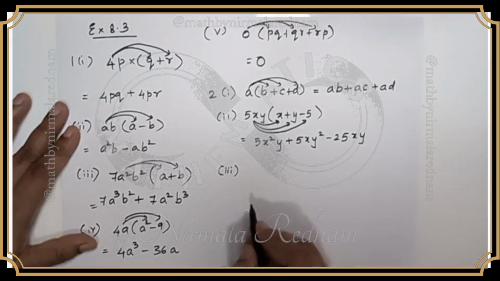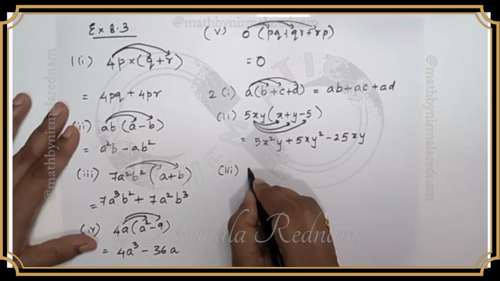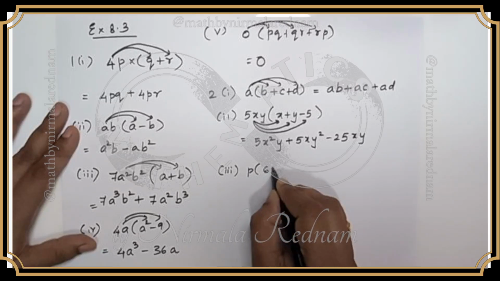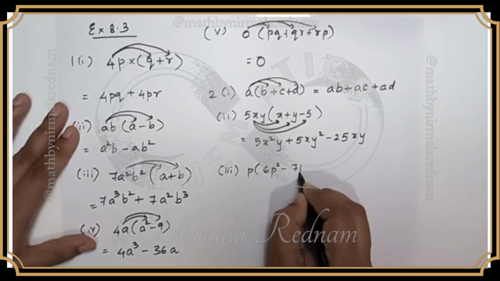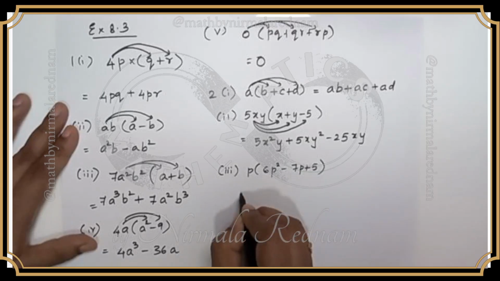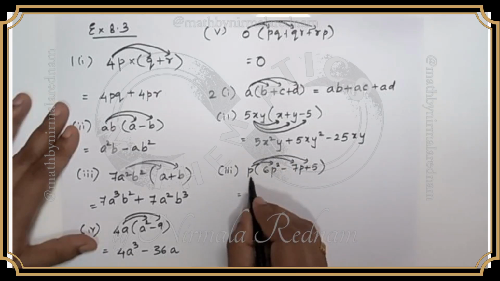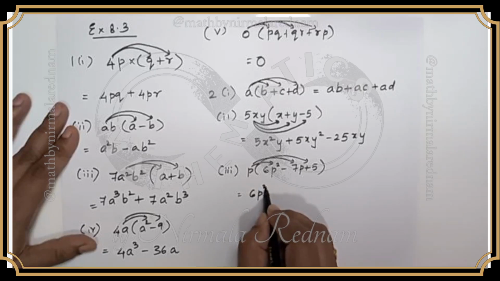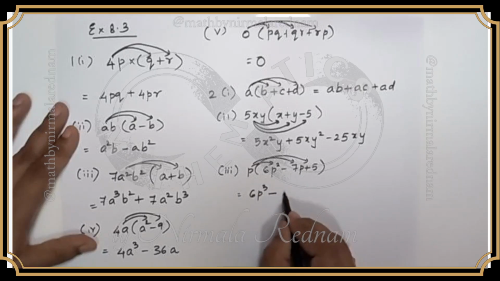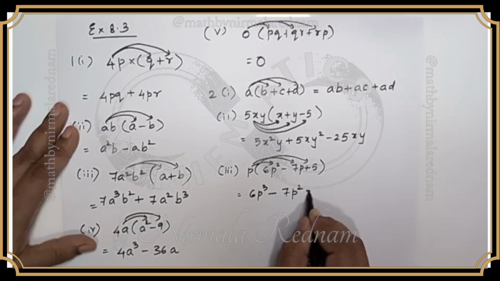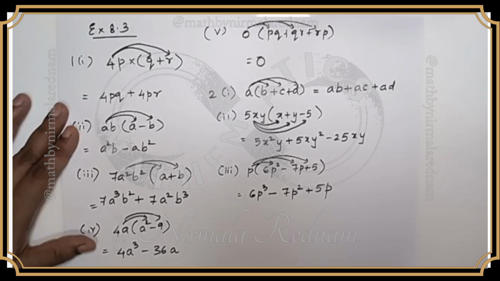So that is the answer for the second question. Next I have p times 6p square minus 7p plus 5. So again, each term inside the bracket. This is 6p cube. I have a minus sign here and I have 7p square plus 5p. Correct? So this is the third sum.